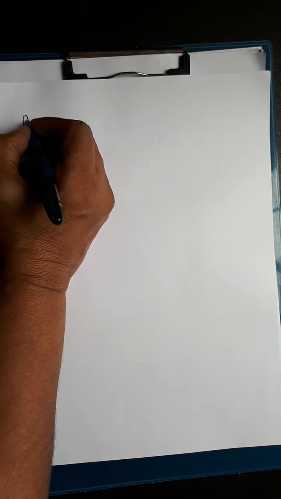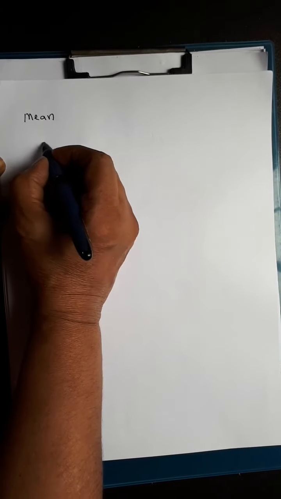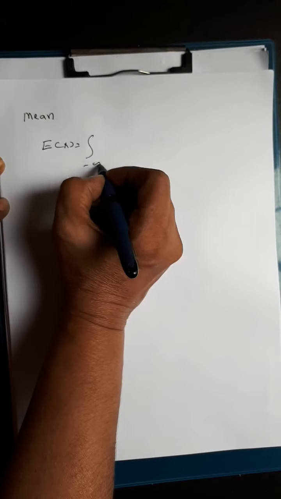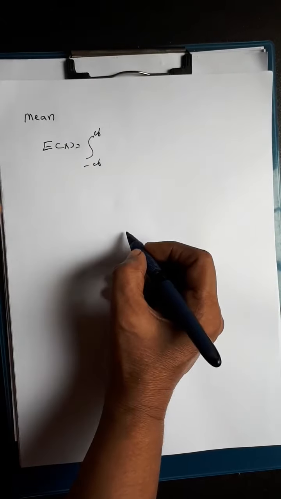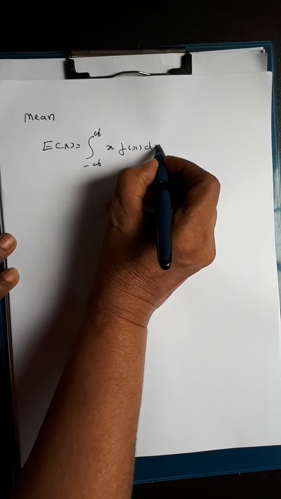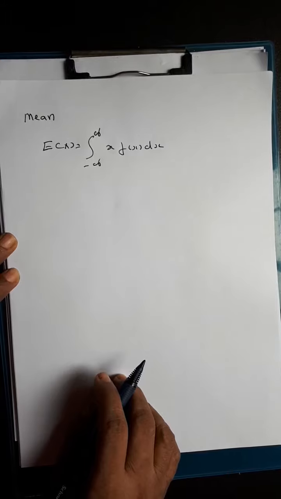Now, let us study the moments of a gamma distribution. First, let us study what is mean. Mean is E of x is equal to integral minus infinity to plus infinity x f x dx by definition.